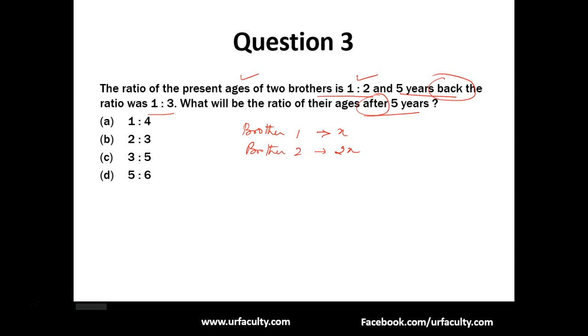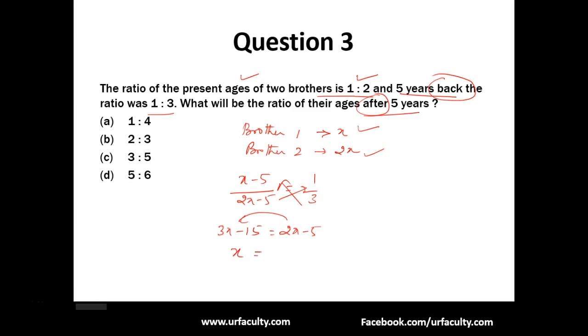So 5 years back, (X minus 5) by (2X minus 5) is equal to 1 by 3. What do you do now? 3X minus 15, I am cross multiplying, is equal to 2X minus 5. Pretty simple problem. A problem that would otherwise look very complex because of ratio, combination of ages and ratio, looks very simple now. Why? Because you started assuming it in this way.